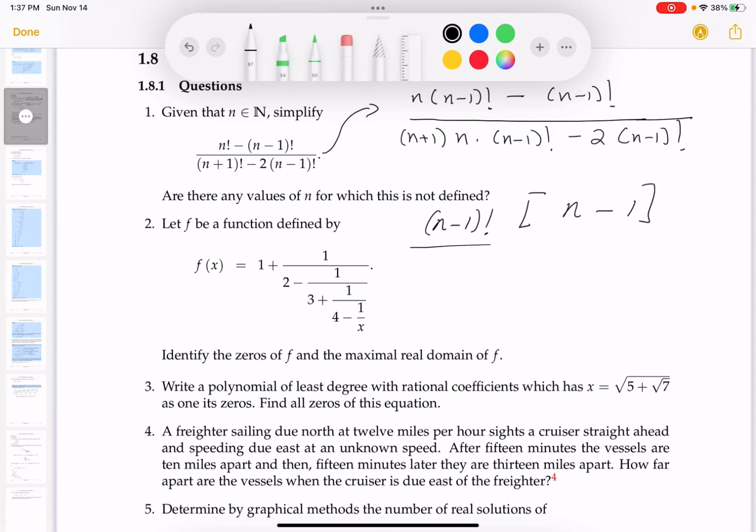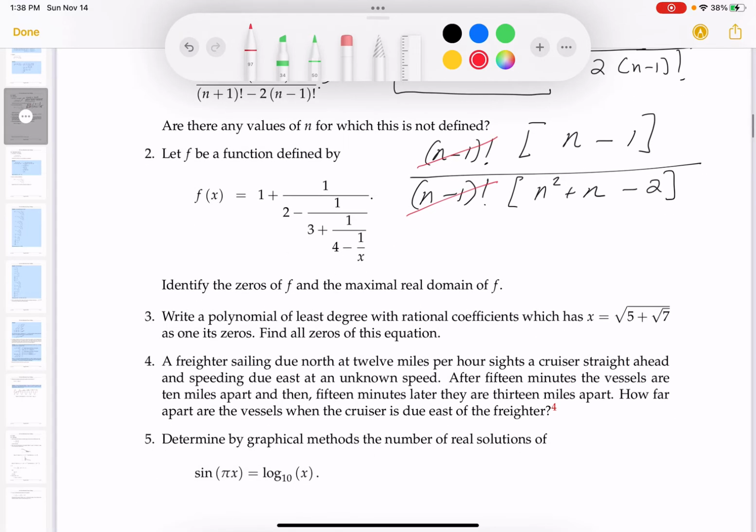What do you get on bottom? N minus 1 factorial. And then you're going to get n squared plus n, and I'm getting that from here, minus 2. Well, what's nice, these will cancel off, and let's keep moving forward.